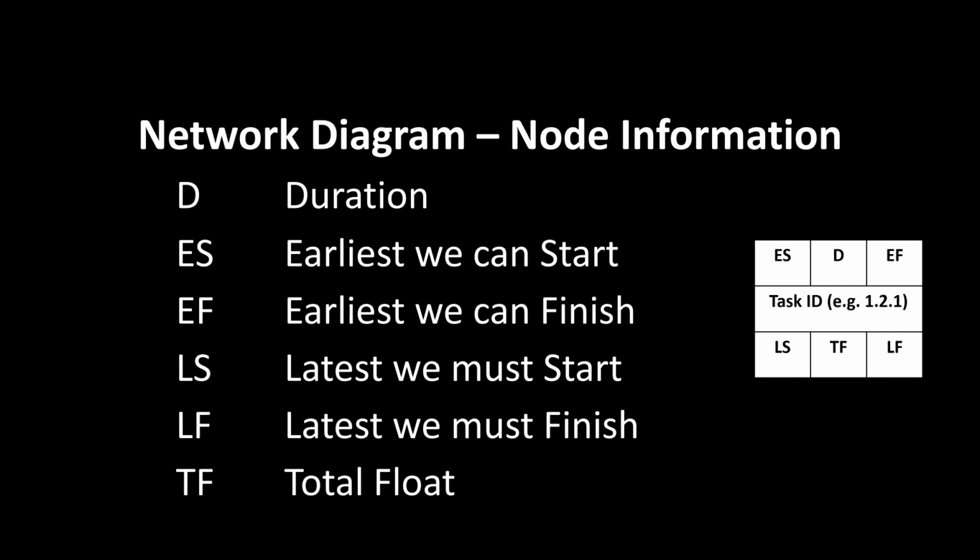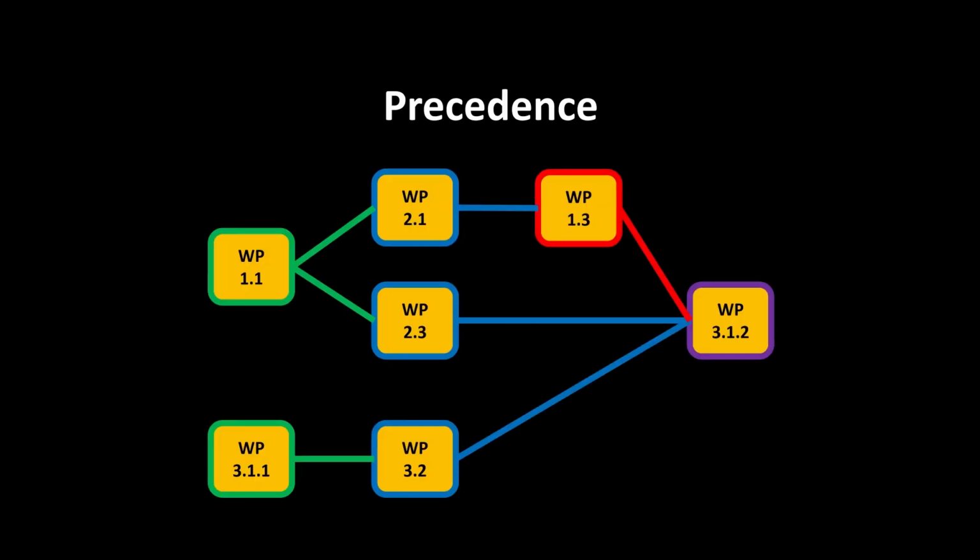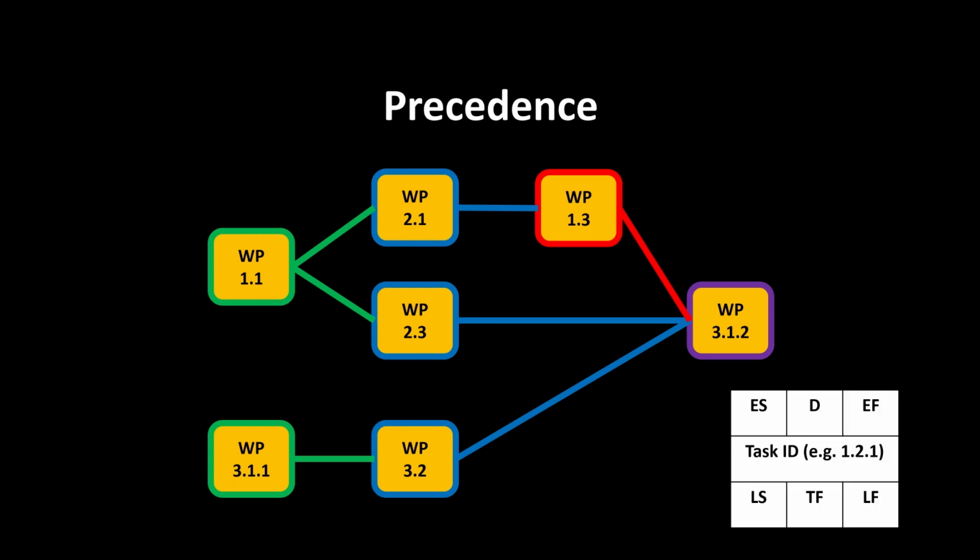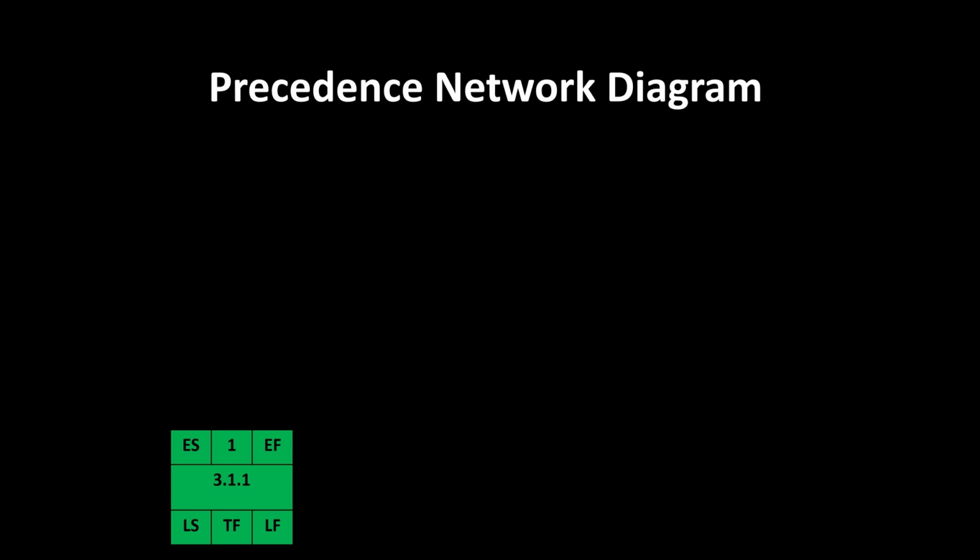So we want to use that box on the right there, and we're going to use it to replace each of these boxes on here. This is our order of precedence, and now we're going to start filling in that detail. So we've replaced our first green box.